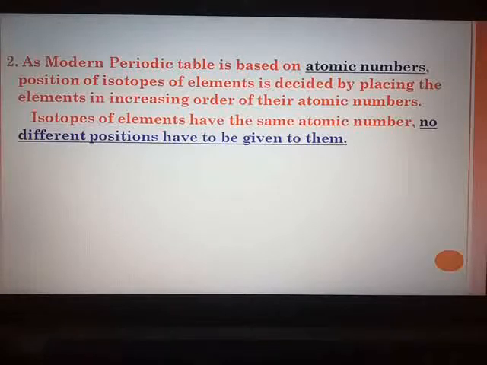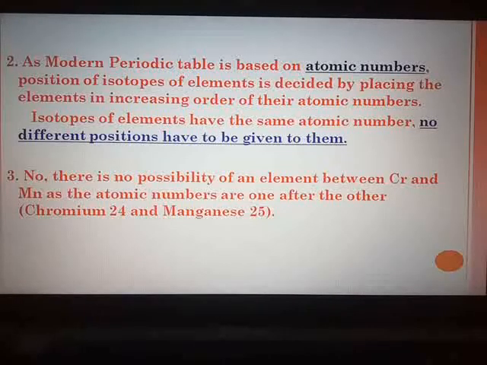Surely no. Why no? Because chromium has atomic number 24 and manganese has atomic number 25. So the atomic numbers are in continuation. So there will be no such element with atomic mass 53 or 54 in between chromium and manganese.